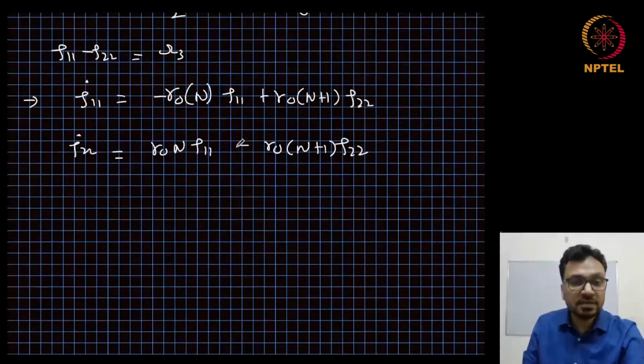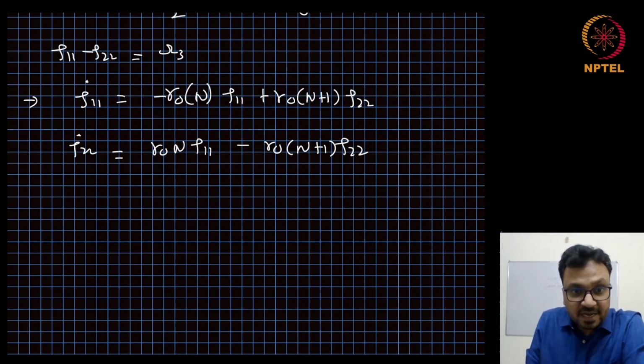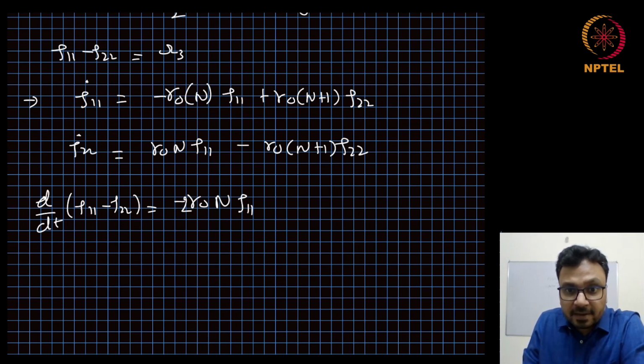So from here we can see that rho 1 1 dot and rho 2 2 dot are closed. So rho 1 1 and rho 2 2 are written in terms of rho 1 1 and rho 2 2. So if we subtract these two equations, we get d over dt of rho 1 1 minus rho 2 2. That will be minus gamma naught n twice rho 1 1 and plus 2 gamma naught n plus 1 rho 2 2.